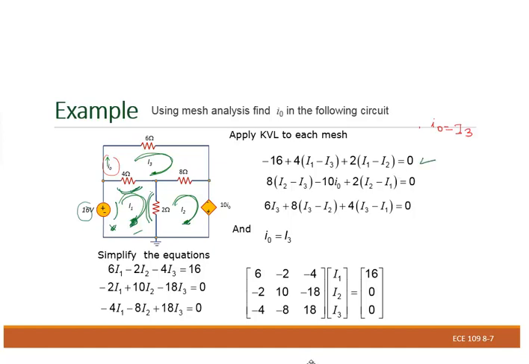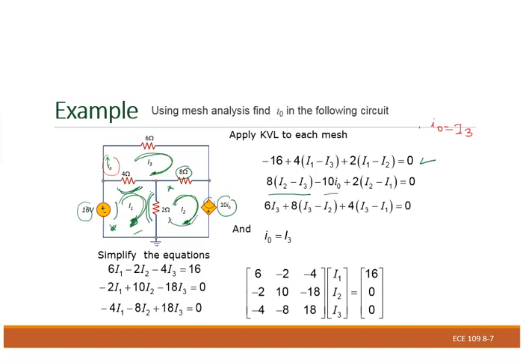That's the first equation. For the second equation, starting from maybe this point right here, 8 times (I2 minus I3). When you come here, 10 times I0, which is negative because of the negative first.